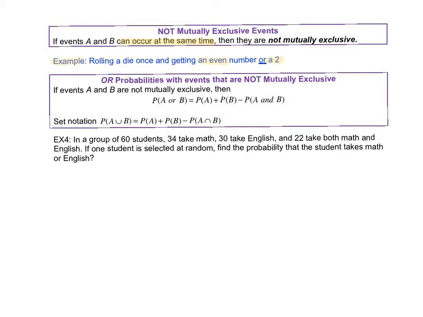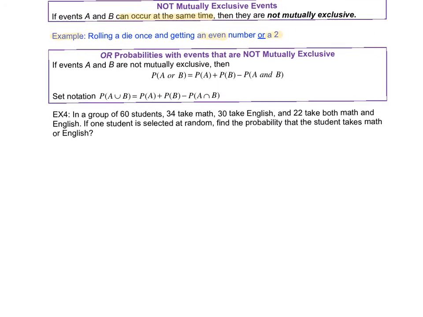Not mutually exclusive events have a longer formula. And this longer formula can actually be used for mutually exclusive events as well. So you can always use this longer formula. However, if you have events that are not mutually exclusive, you can never use the shorter formula. So let's say that you have events A, B. They're not mutually exclusive.